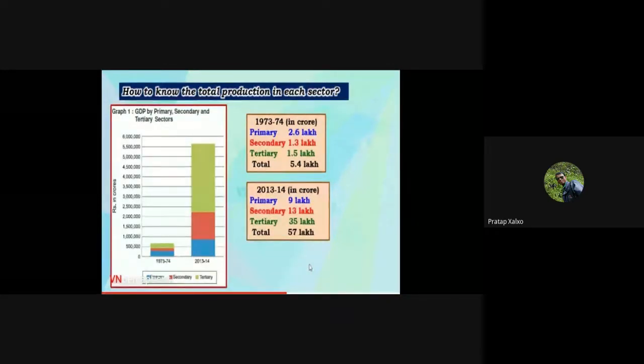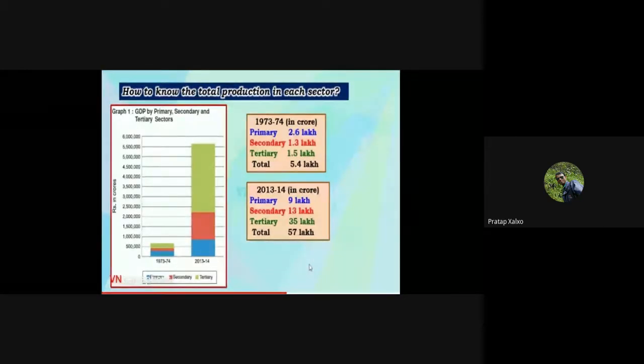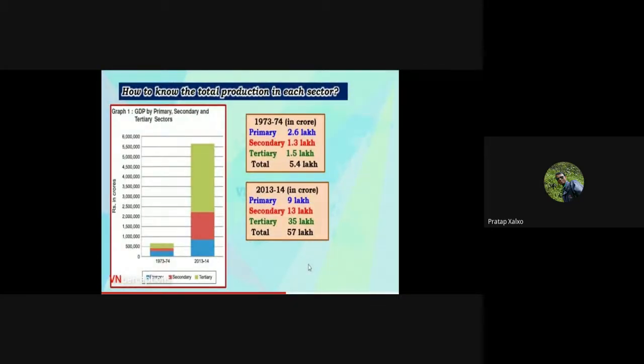But if you go a little ahead, in 2013-14, from the primary sector we jump from 2.6 to 9 lakh. Secondary, 1.3 lakh to 13 lakh. And tertiary sector, 1.5 lakh to 35 lakhs. And the total income from all three sectors is 57 lakh crores.